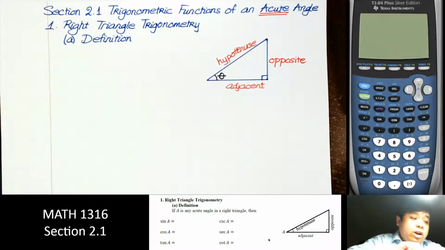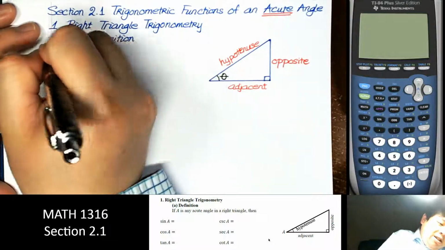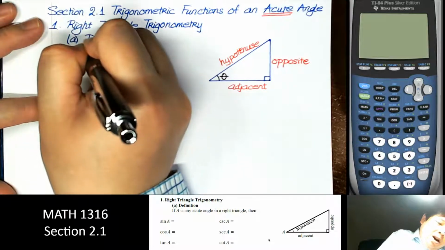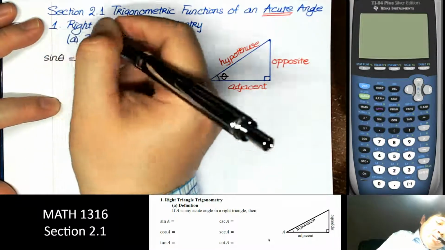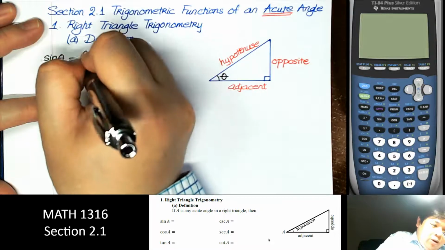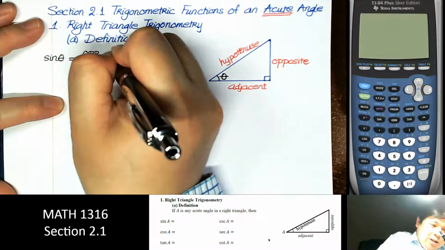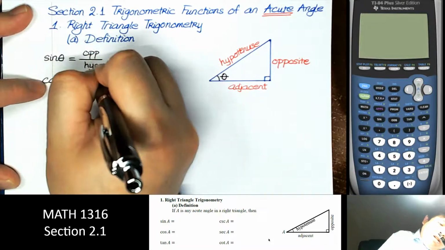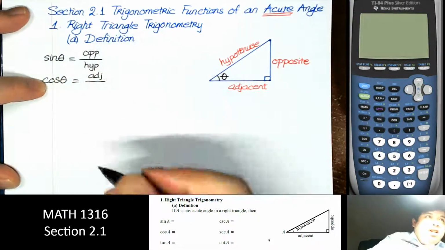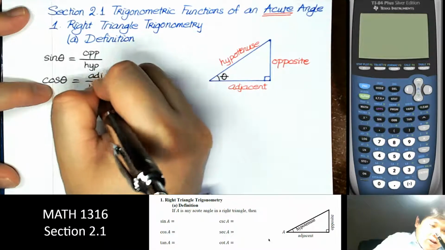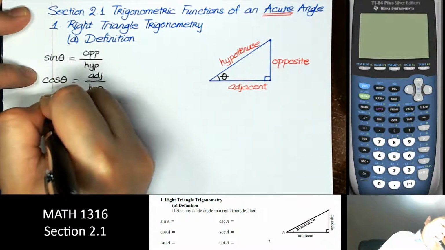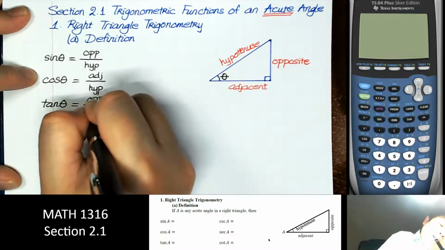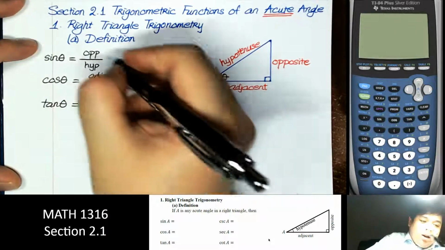Right. With that, we define sine is opposite over hypotenuse. Cosine is adjacent over hypotenuse. Again, this is the way we define it. Tangent is opposite over adjacent. Right.